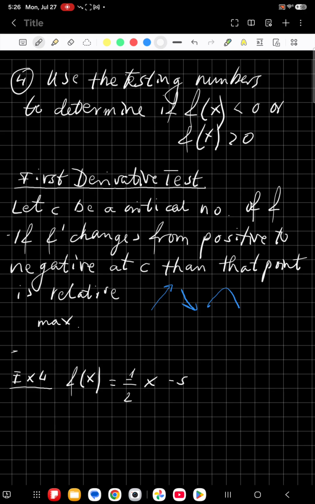So minus sine of x, and we're just going to do it on the interval from 0 to 2 pi.